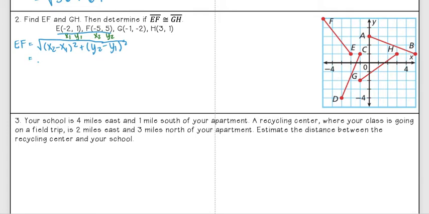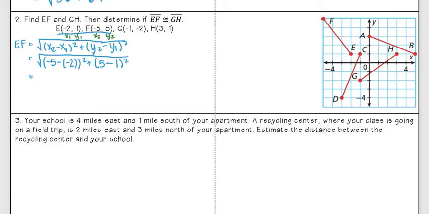When I plug in my values, I see my x2 is -5, my x1 is -2, my y2 is 5, and minus my y1, which is 1. If you notice for my x's, I still left that minus sign there, and I'm subtracting a negative.